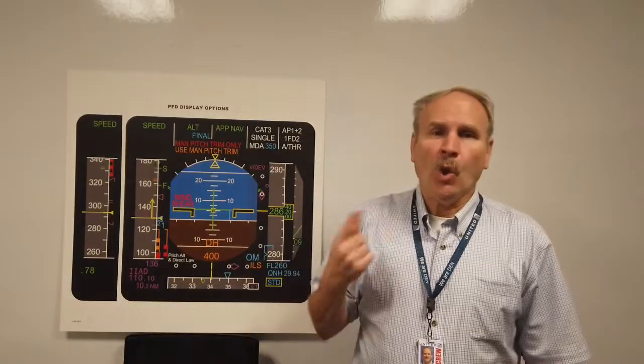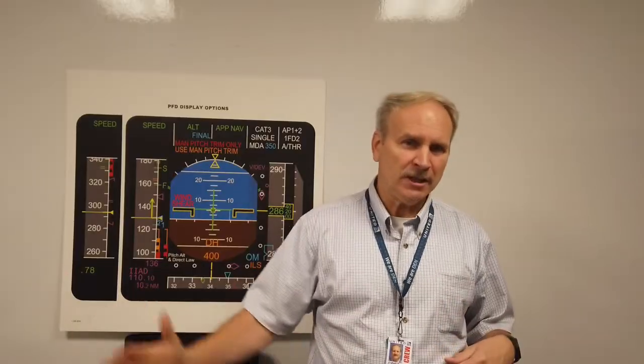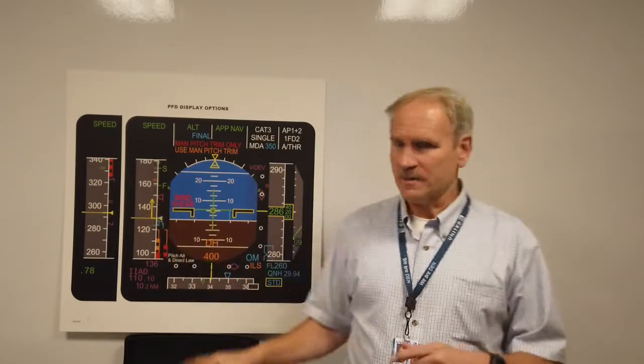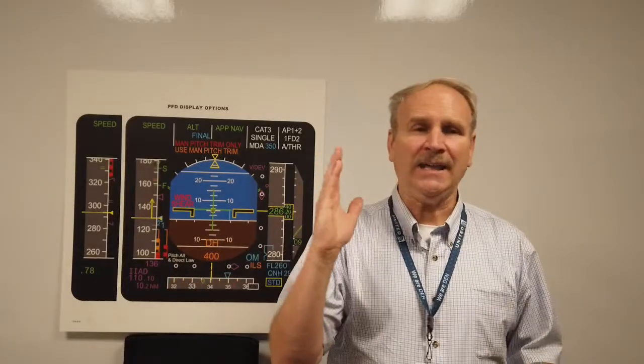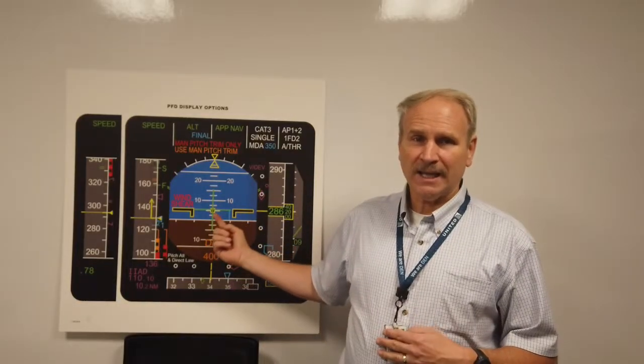And then, once I'm established on the approach, I've been cleared the approach, I've got localizer alive and all that, for me, I just tell the pilot monitoring, dial in the ILS front course, whatever that is, 353 in this example here. I'll just say dial in 353 and leave it there. Why do I want them to leave it there? Because now I've got a selected track index.